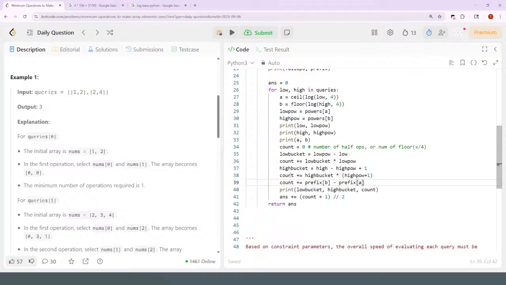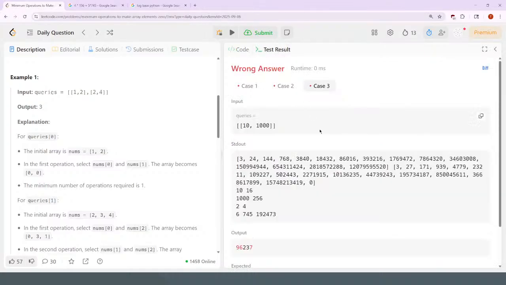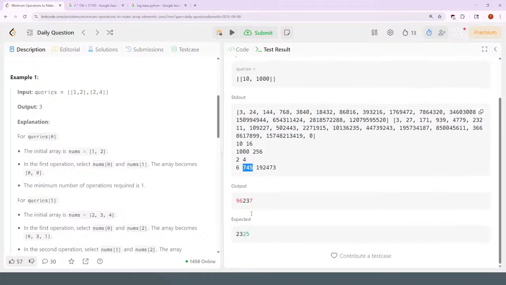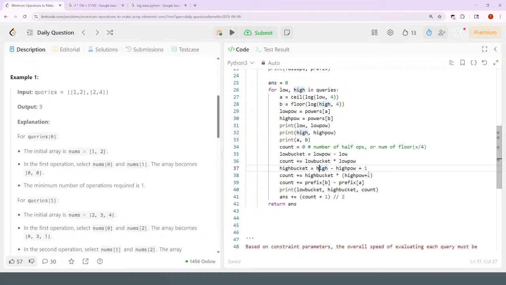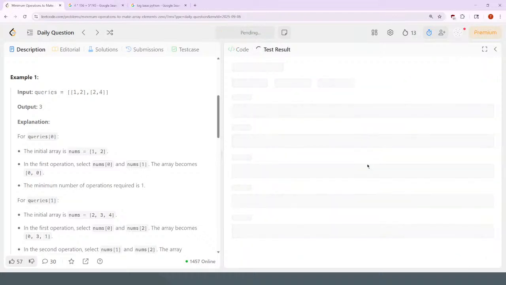Count plus equals that. So this thing is the high bucket times high power plus 1 giving it a huge number. Like if I don't have the minus 1s, it makes it even larger.